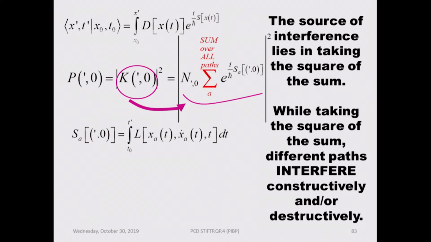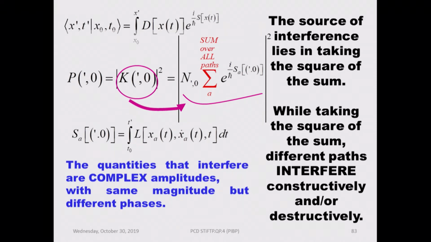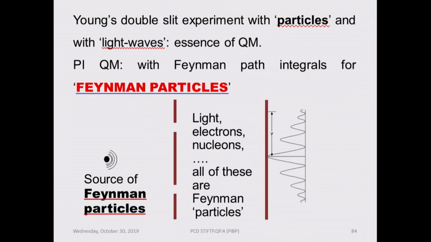So, that is how you get the modular square, and it is this which leads to quantum phenomena.